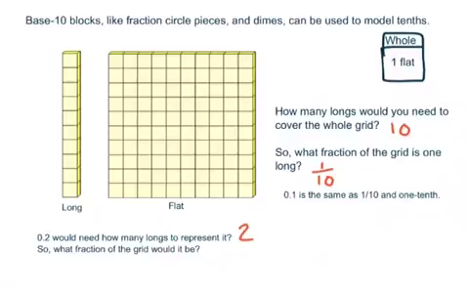So if it's going to take 2 longs, what fraction of the grid would that be? Hopefully you'd say, well, it would be 2 out of the 10. So 2/10. 2/10 written 0.2 or written 2/10. Right?